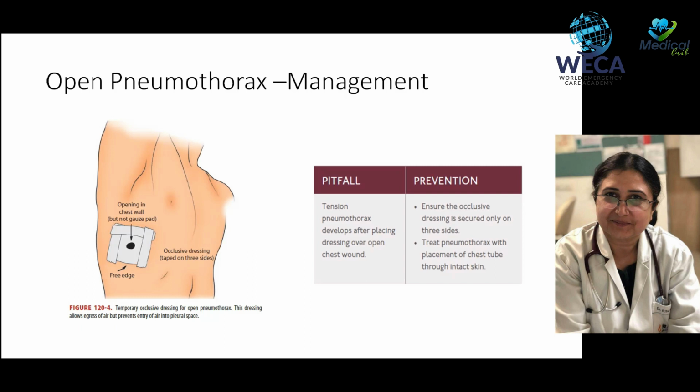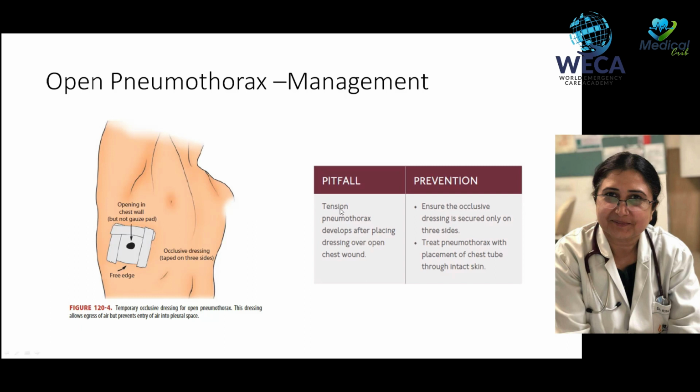The occlusive material has to be a non-breathable material like plastic paper, or if you are unable to find plastic paper, if you have aluminium foil, you can use that too. So the whole idea is to prevent the air from entering through the wound during inspiration and allow the air to leave the pleural cavity during expiration.